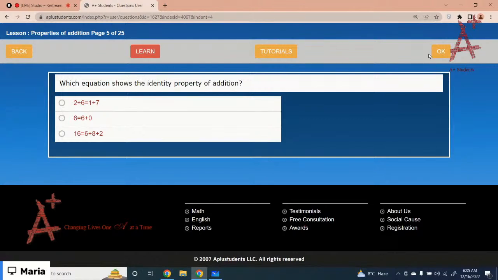Okay, so which is the identity property of addition? It is 6 equals 6 plus 0. Please focus on the lesson I am discussing. It's okay if he typed communication. It is 6 equals 6 plus 0.